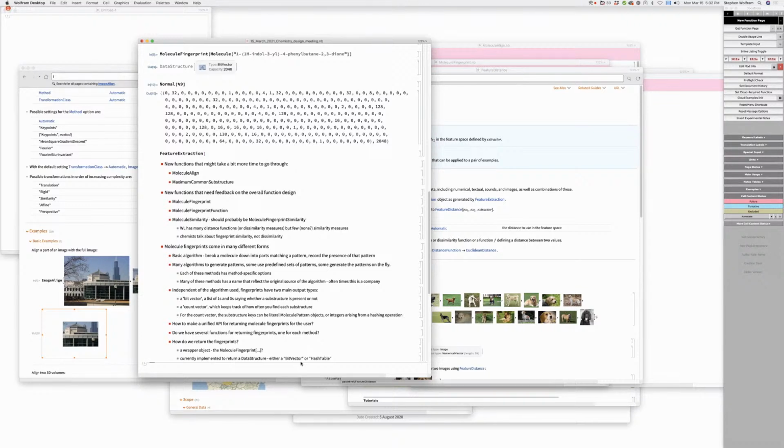Let's see. So for the bit vectors, it can matter if you have a lot of them. It can be nice to store them that way. Is that a common thing that you have? It is common to hook these things up to databases. I haven't explored connecting them. It's common to use these things in cases where you have more of them than you would normally store in the memory of a desktop computer.